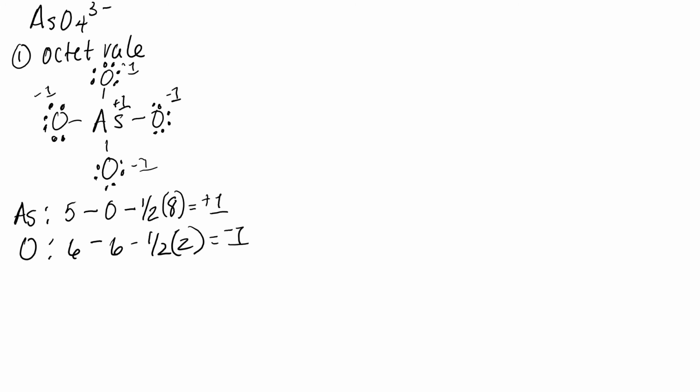When I total those formal charges, I have 4 negative ones and a +1, so overall charge, and we should also, of course, reflect that this is a polyatomic ion, is 3-. Now the other possible, or one of the other possible structures, there are 2, and neither of them obey the octet rule.